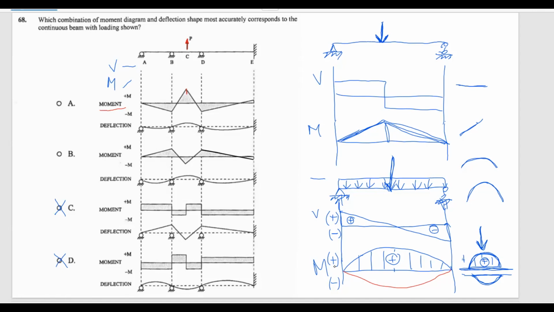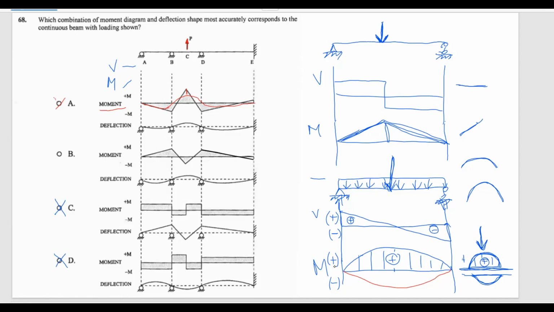And at the same time, I'm looking at the deflected shape. We've discussed that the deflected shape is opposite of the moment diagram. And in this case, if I was to translate this deflected shape here, I would get a deflected shape actually not opposite, but in the same kind of direction as the moment diagram, correct? Correct. So this tells me that option A is not my correct answer.